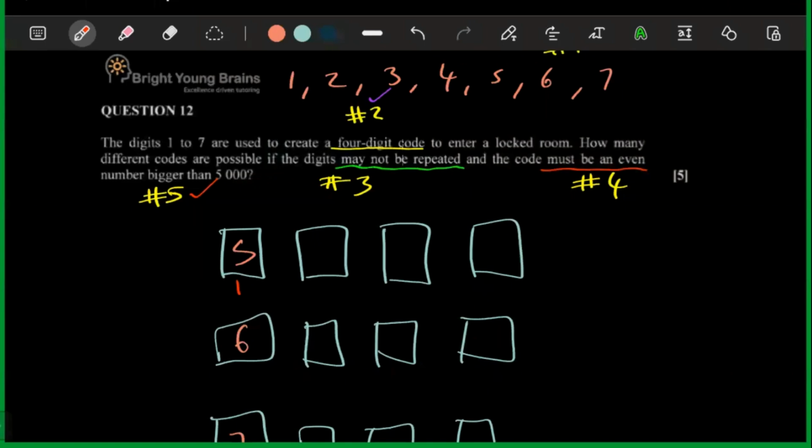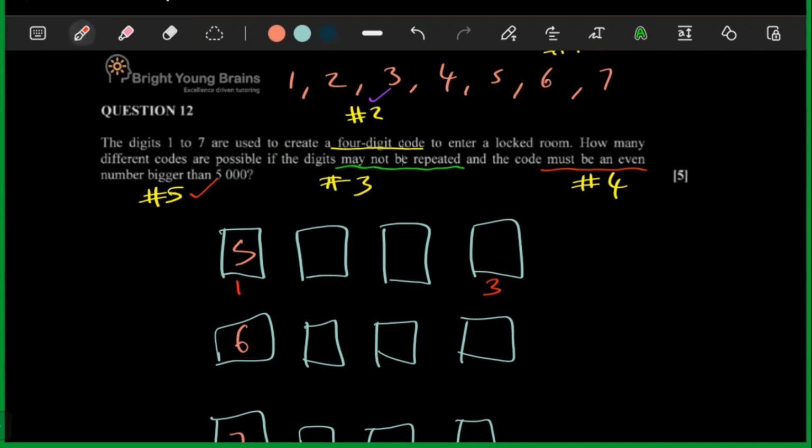Secondly, we need to think, okay, this number has to be an even number. So logically speaking, if it starts with a 5, in the back here we have 1, 2, 3 options. We can either put a 2, a 4, or a 6, so we're safe.